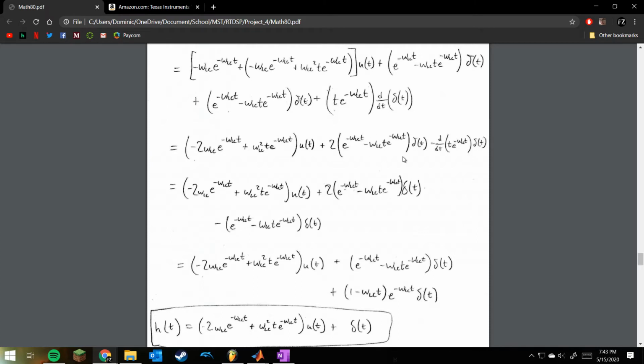Because at the end of the day, we end up evaluating all of this at 0. And so this part goes here. So we evaluate this exponential at 0 and this exponential at 0. This t goes to 0, so that goes to 0, but this goes to 1, and so we get 2 times 1 times the Dirac delta. And then this part right here, also, sorry, this part was right there.